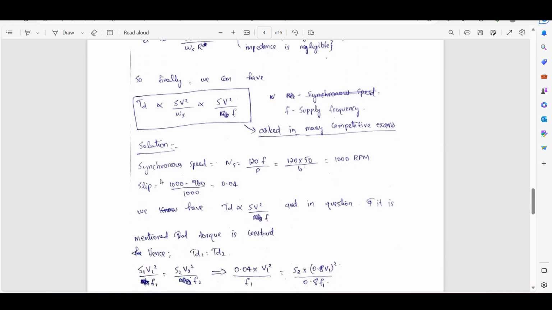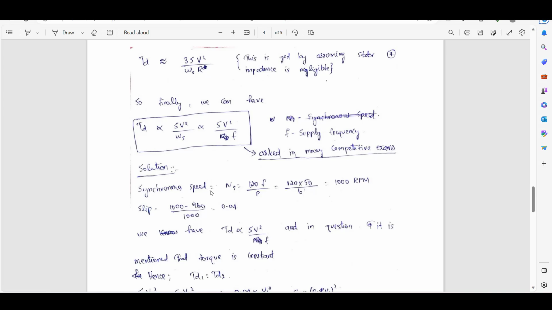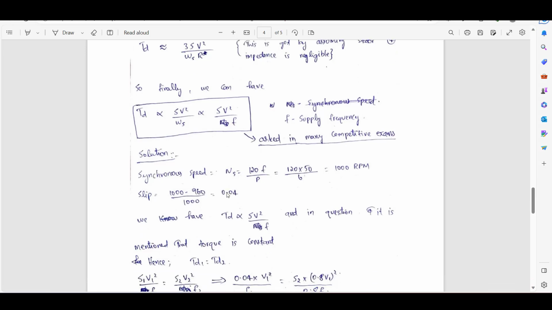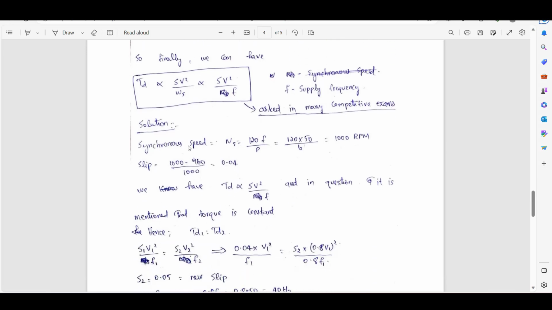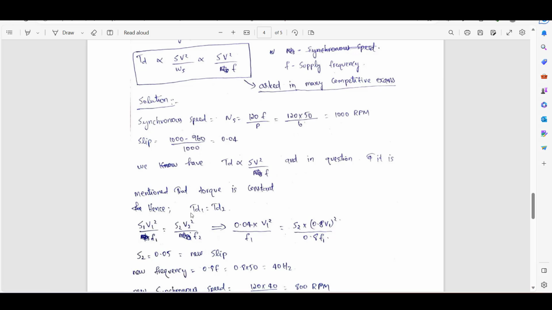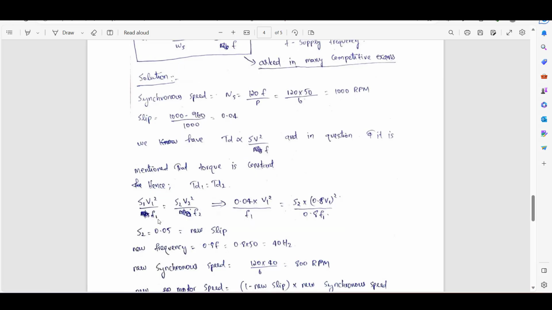Now coming to the solution, we have the synchronous speed ns equal to 120 f by p. For the first case, the frequency is 50 hertz, so 120 f by p equal to 1000 rpm, and slip is 0.04. And from here we have Td directly proportional to S V square by F, and in the question it is mentioned that torque is constant. That means Td1 equal to Td2. So S1 V1 square by F1 equal to S2 V2 square by F2.